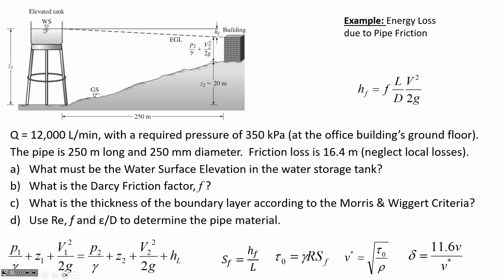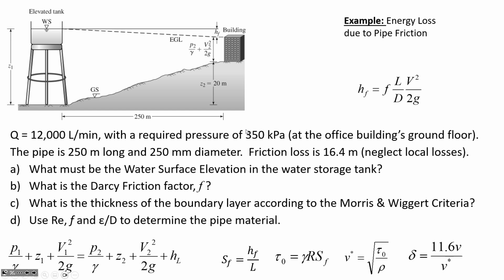And we're going to do this idea that there's quite a bit of water in the tank, and even if it's not being replenished, which maybe it is being replenished, but even if it wasn't, the water level wouldn't be falling very quickly. And so we're able to neglect the velocity at location 1. The pressure at 2, so the base of the building, we know that the pressure at 2 should be 350 kilopascals.